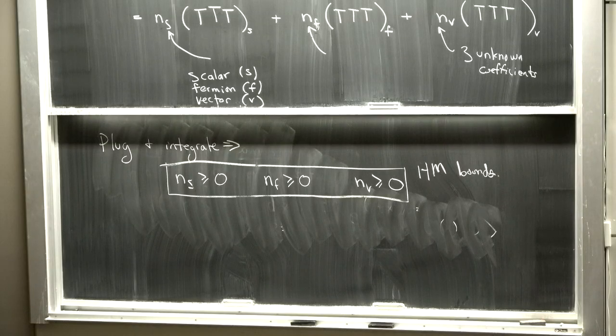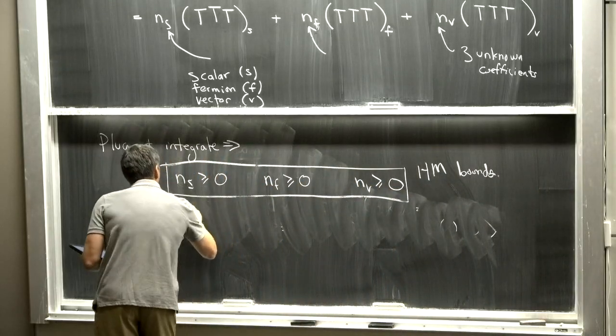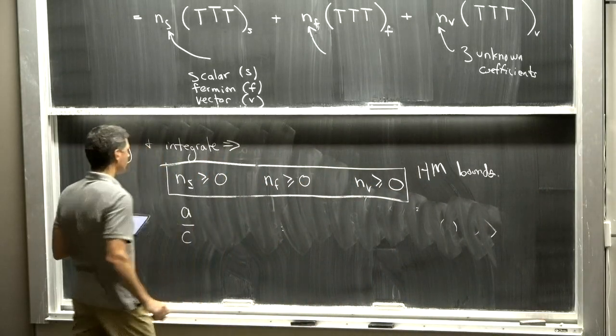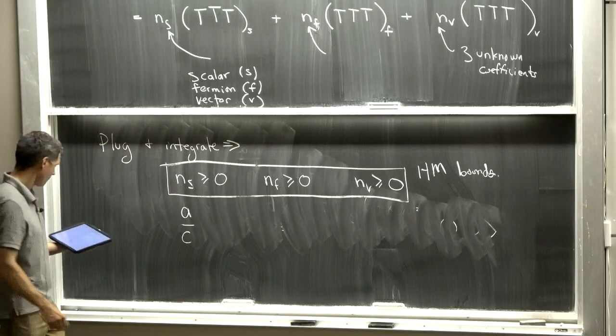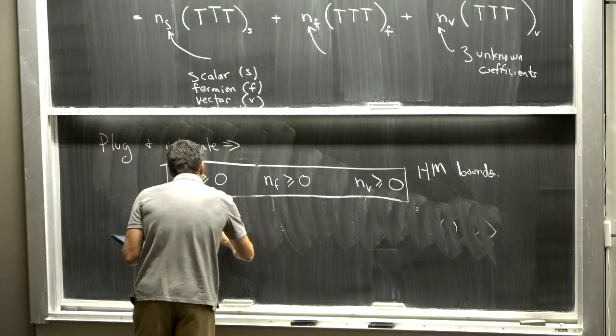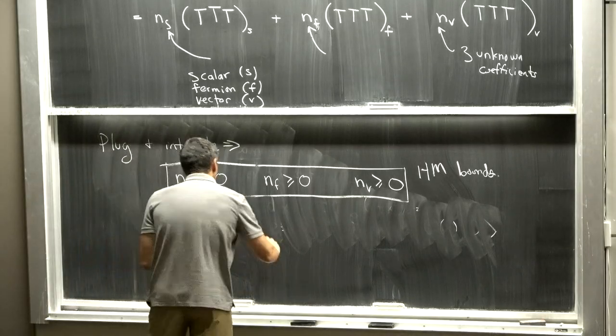Yes? Are these coefficients generally functions of central charge? Yeah, let me write that formula. The question is how they're related to the central charge. So there are 2 anomalies, two conformal anomalies. We'll have more to say about those later, but for now, just accept there are 2 anomalies in 4-dimensional CFT, A and C. And A and C also show up in the stress tensor 3-point function, so you can relate them to these parameters.